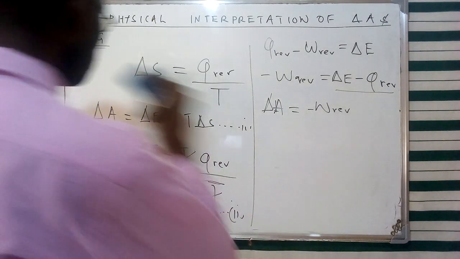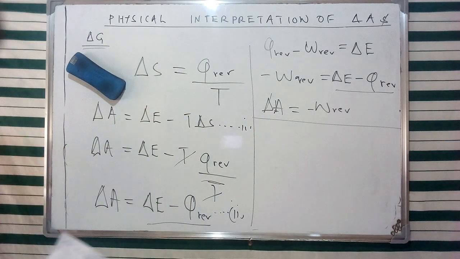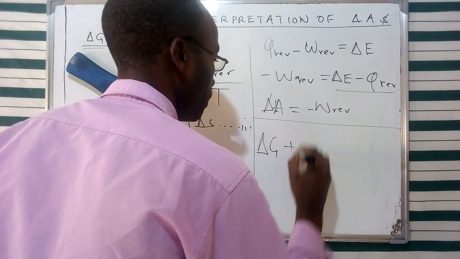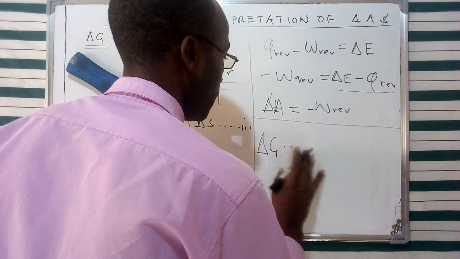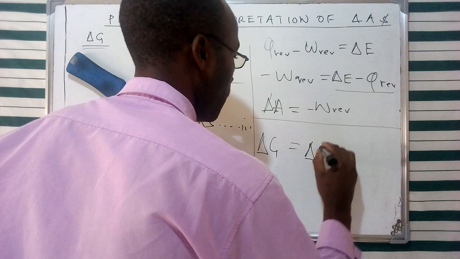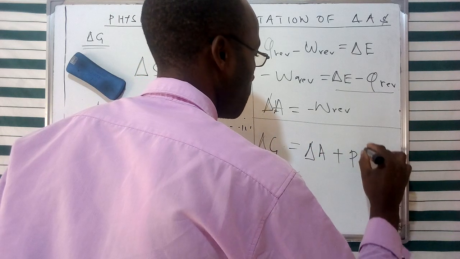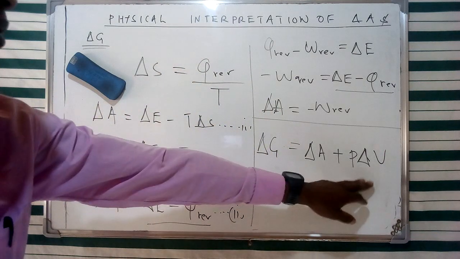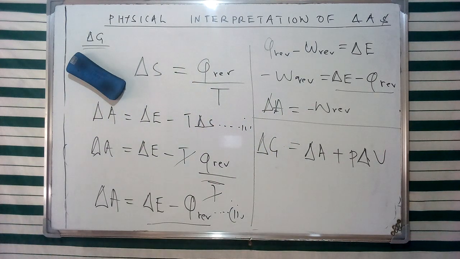From our representation of the concept of Gibbs free energy, we're going to find that there's a relationship we have given between the Gibbs free energy and the Helmholtz free energy, whereby we have said that this is basically the addition of the Helmholtz free energy plus P delta V, and the relationship can be found from the first law of thermodynamics.